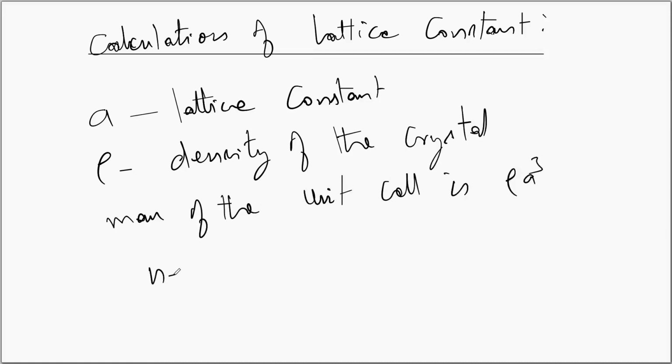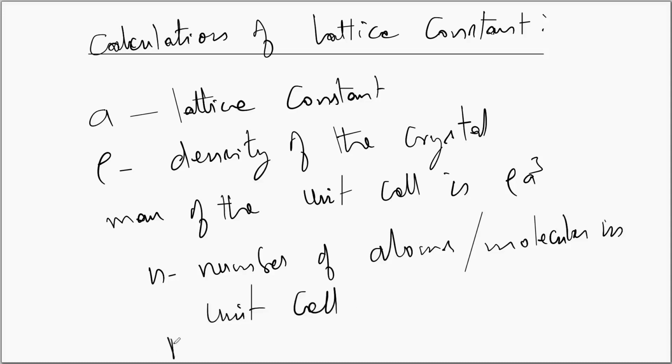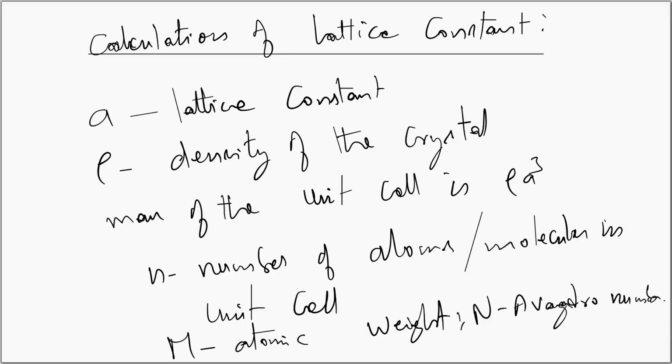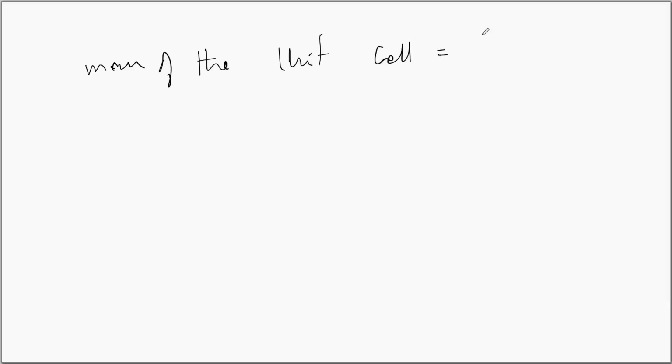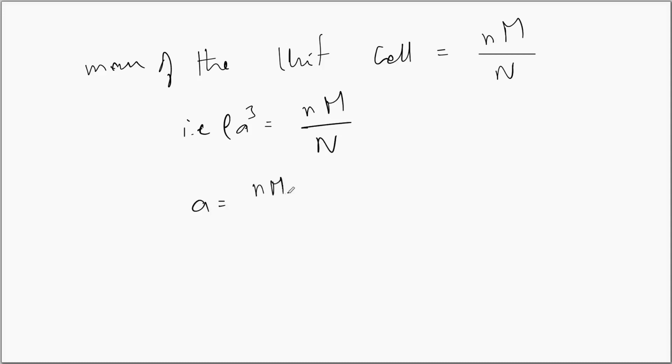If small n is the number of atoms or molecules in the unit cell, capital M is the atomic weight or molecular weight of the crystal, and capital N is Avogadro number, then the mass of the unit cell is equal to small n capital M upon capital N. That is, rho a cube is equal to small n capital M upon capital N, or a is equal to n capital M upon N rho whole power 1/3.